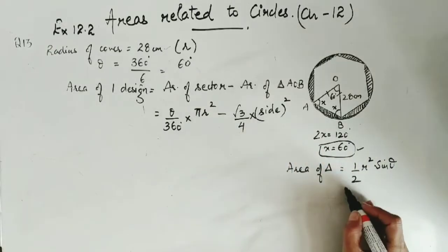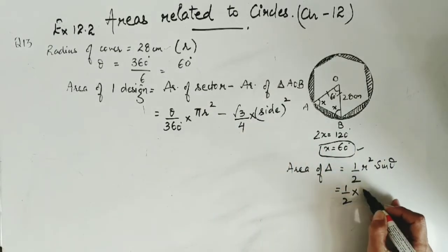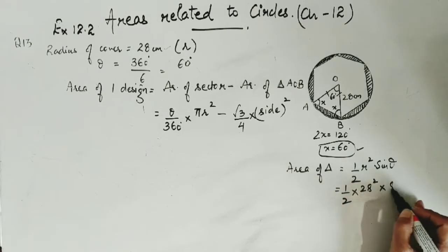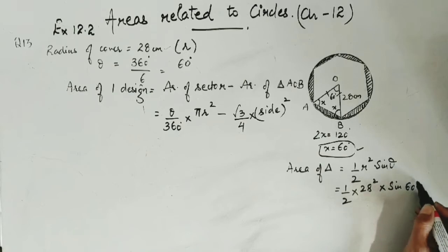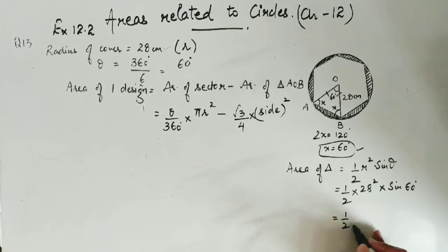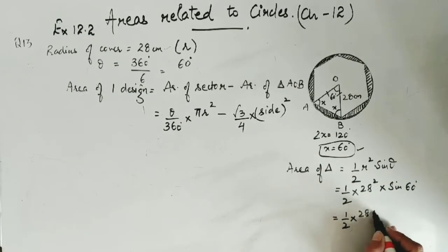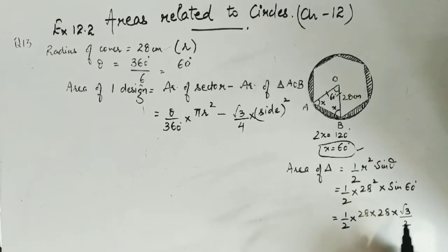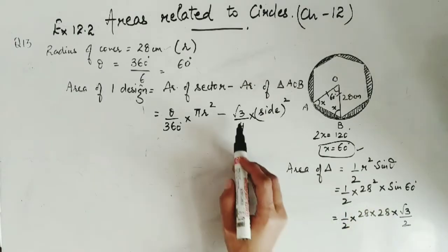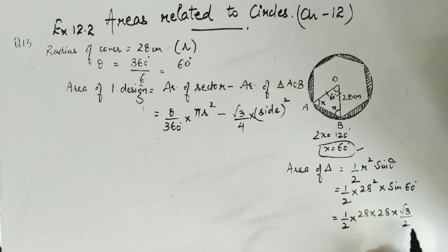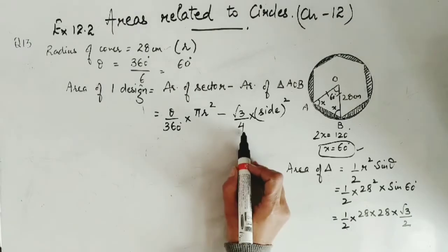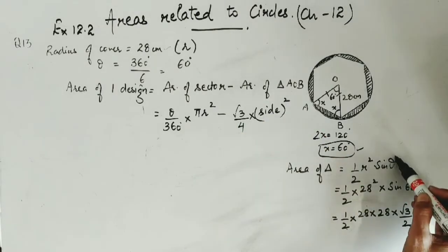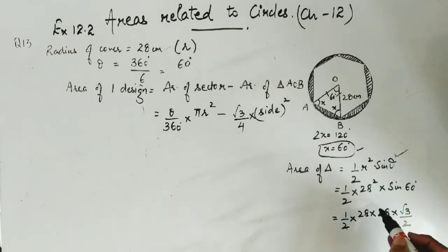Now here also if you compare, half r square makes it half a square, sine theta makes it sine 60, and you would be surprised to see when you simplify this, we are getting root 3 by 4 into a square, side square. Okay, so this is another method of finding area.